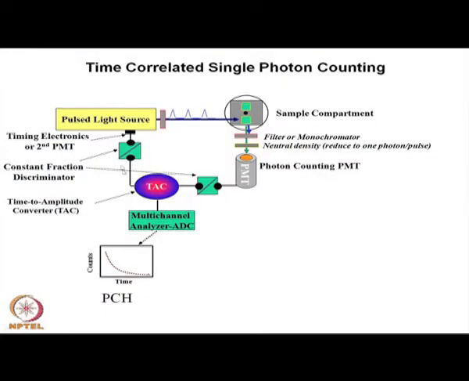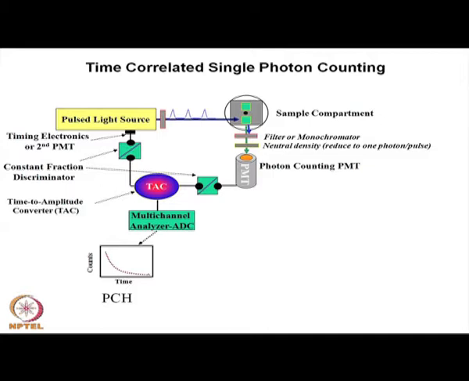That is the normal discriminator, but in the constant fraction discriminator, which we generally use, the trigger is based on the PMT pulses, at some constant fraction of the pulse amplitude, basically avoiding pulse height induced timing jitter.